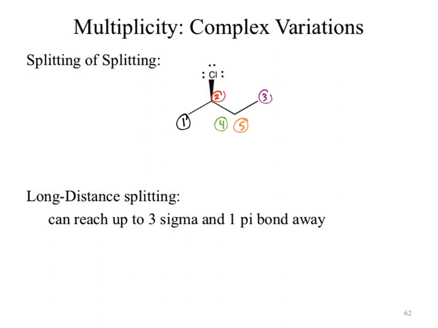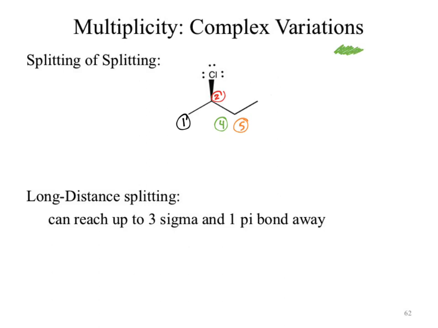So we're going to simplify this. Believe it or not, this is actually simplifying it. I'm going to ignore the hydrogens at position 3. For all intents and purposes, those hydrogens have disappeared from my analysis. I want to see what happens to the splitting pattern for the green hydrogens. So here's my green hydrogens.